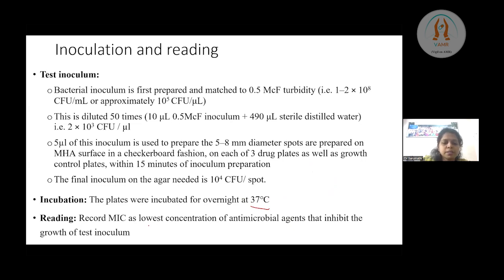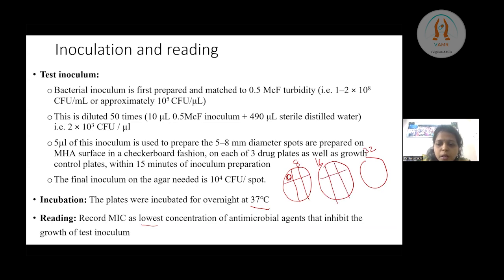How to record the MIC? It is the lowest concentration of antimicrobial agent that inhibits the growth of the test inoculum. Say you are using a series of plates of 8, 16, 32. You get growth at 8 microgram, visible on the next day, and at 16 microgram the growth is not there, which means 16 microgram will be your MIC.